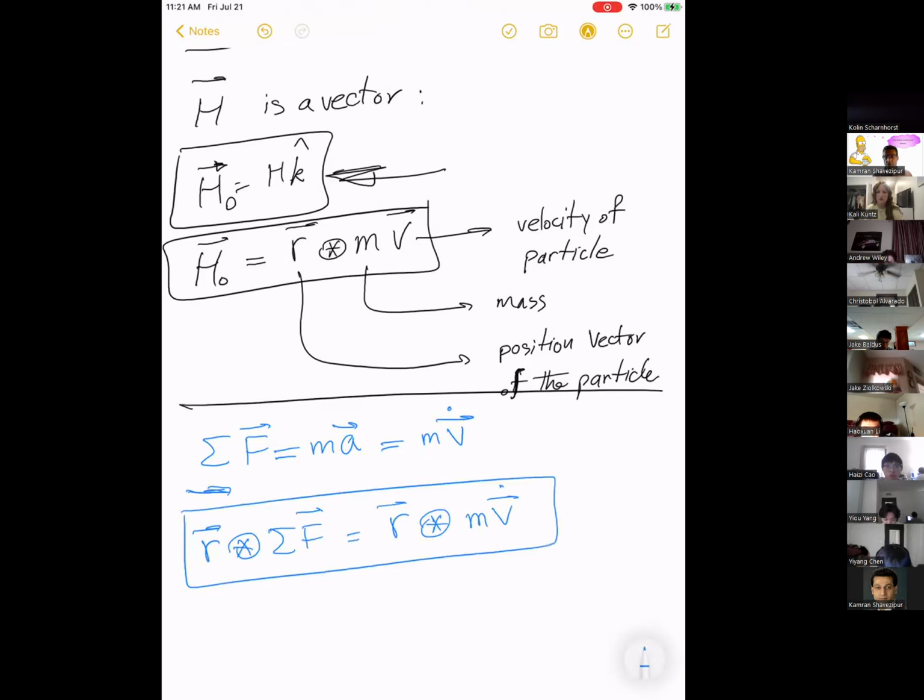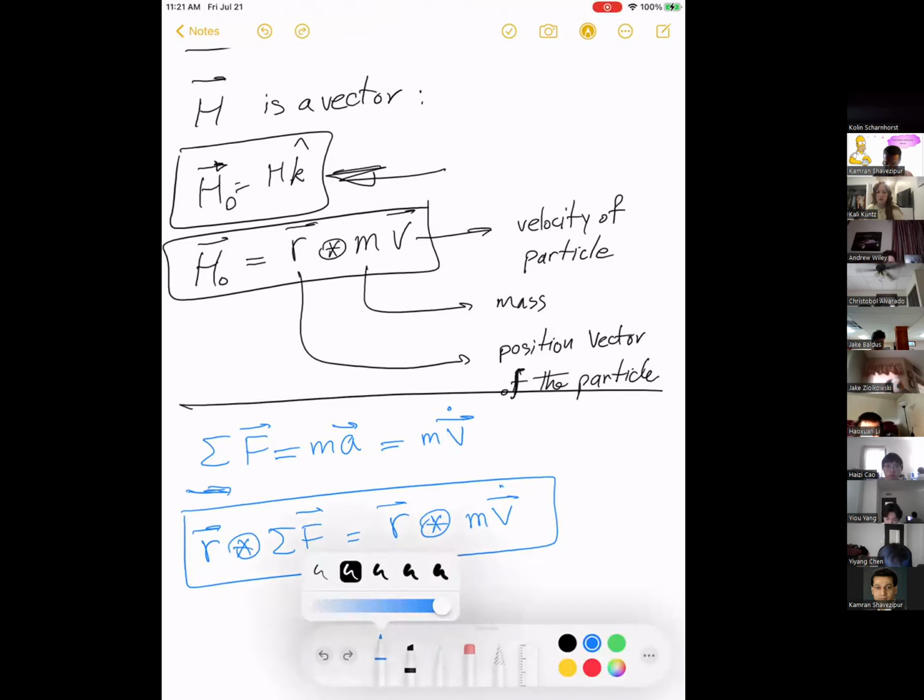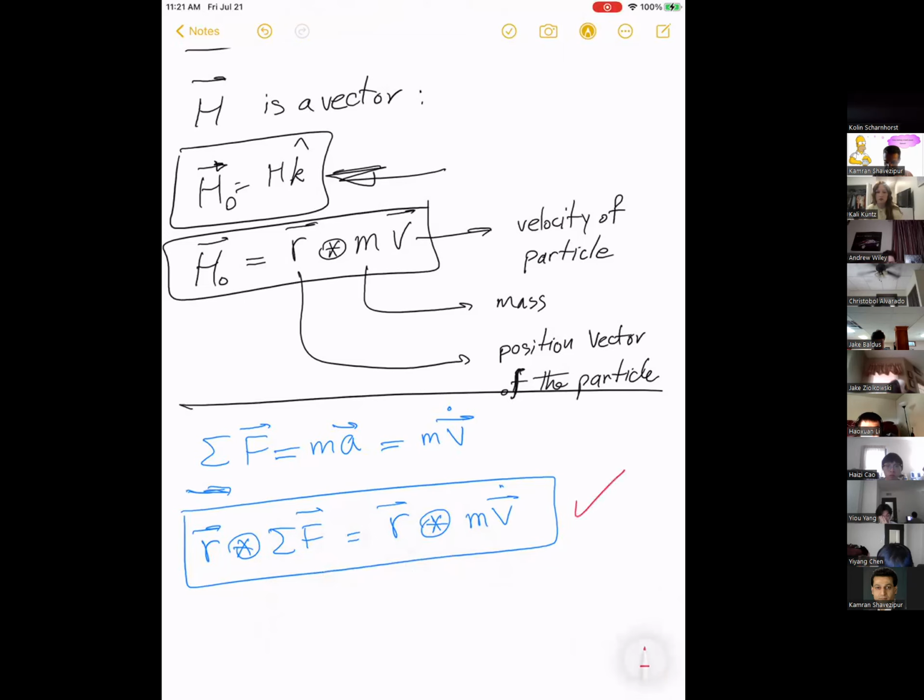Yes or no? Mathematically, if you have an equation, the two sides of the equation are the same. Whatever you do with this side, you can do with the other side. So I don't see a problem with that. Okay. Now let's keep this here for now.